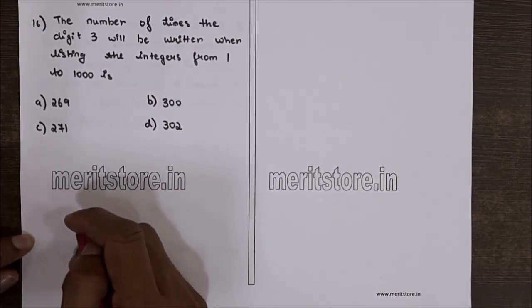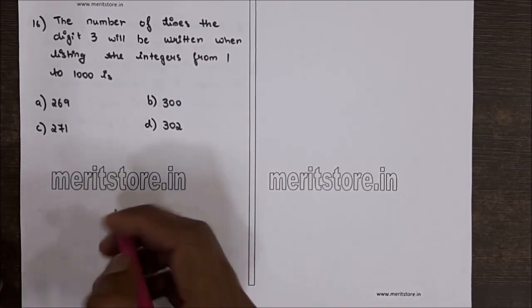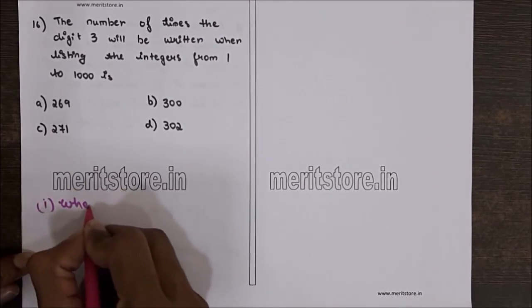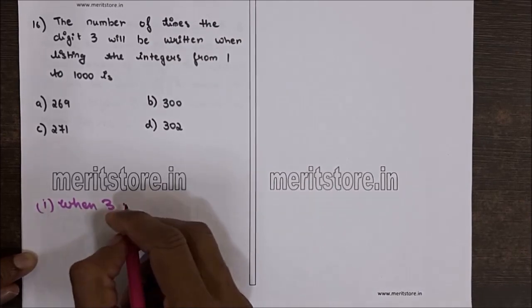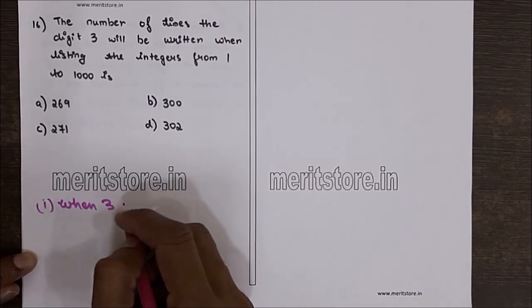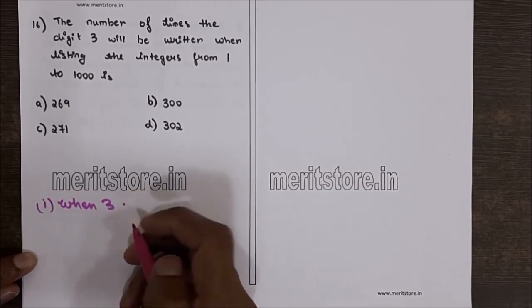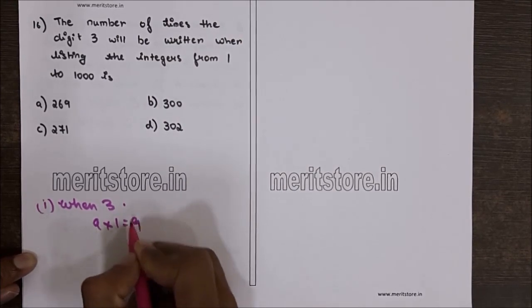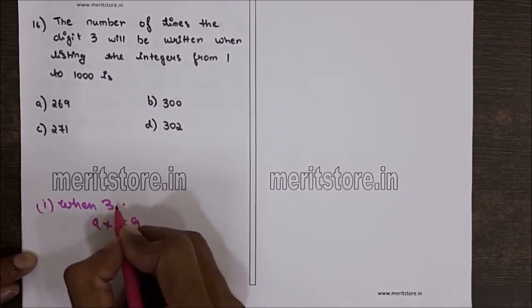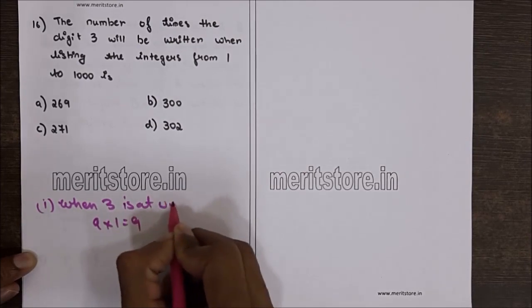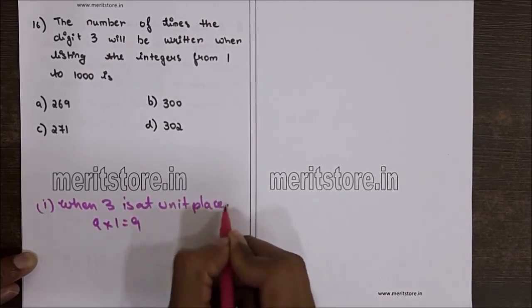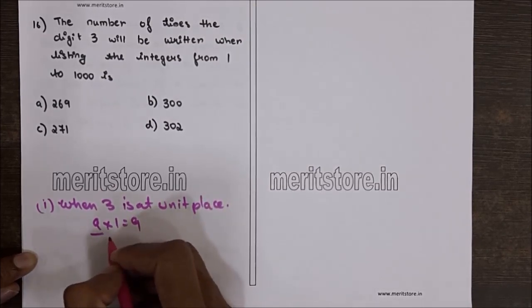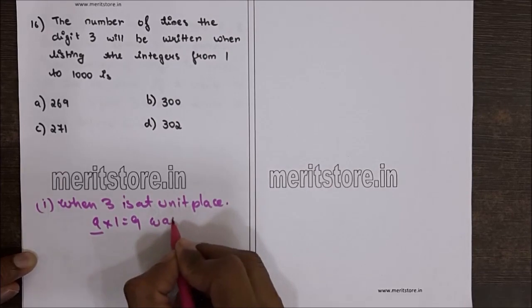For 2 digit numbers, when 3 is at the unit place, then the tens place can be filled in 9 ways. Hence we get 9 into 1, which is equal to 9.